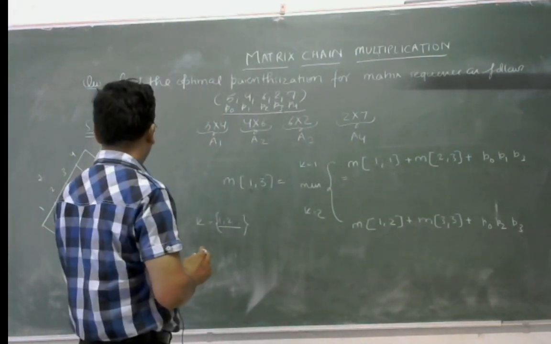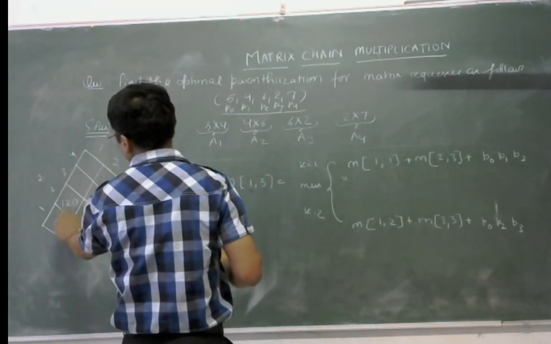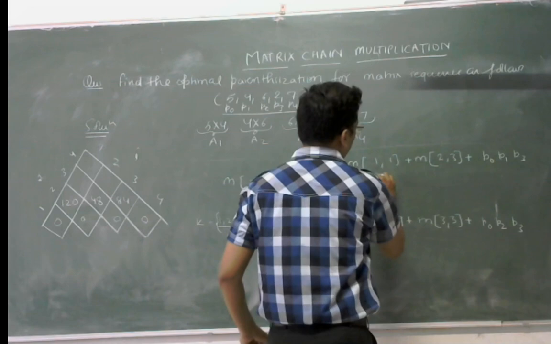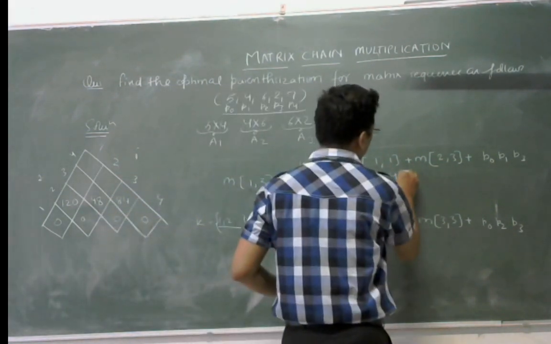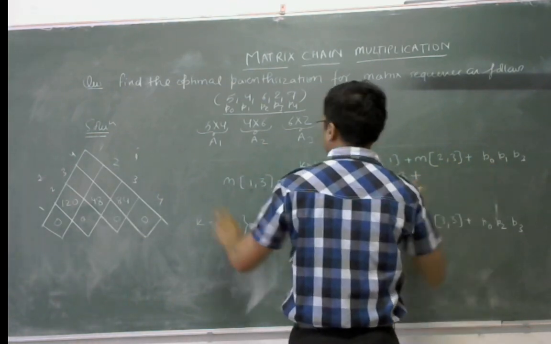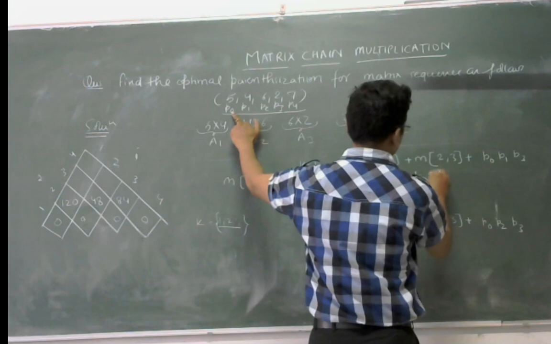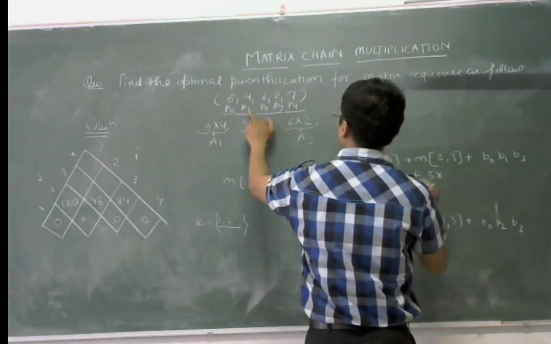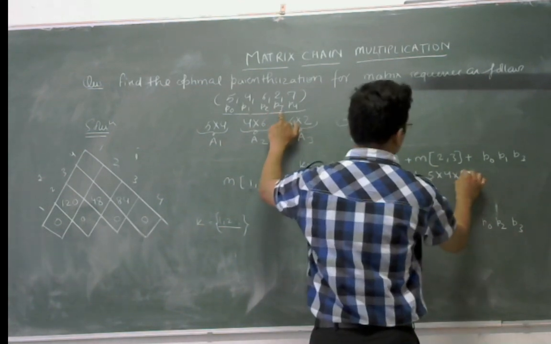Okay, so this would be equals to 0. m11 is equal to 0 plus m23 is equals to 48 and p0 is equals to 5, p1 is 4, p3 is equal to 2.